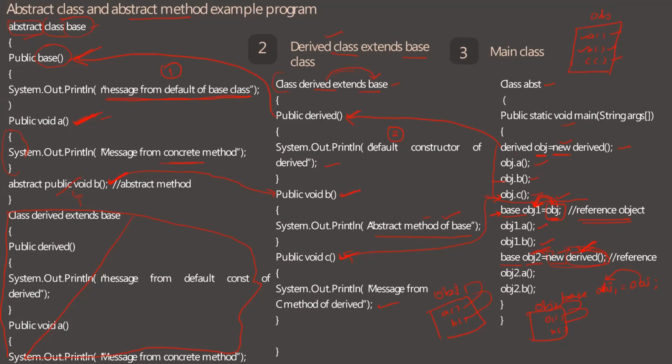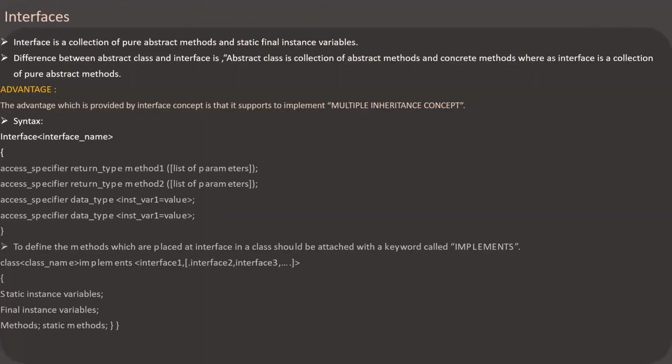And the next topic we are going to learn is all about interfaces. What is an interface? An interface is a collection of pure abstract methods and static final instance variables. Is that point clear? Generally, an abstract class is a collection of abstract methods, concrete methods, and constructors, whereas an interface is a collection of pure abstract methods.